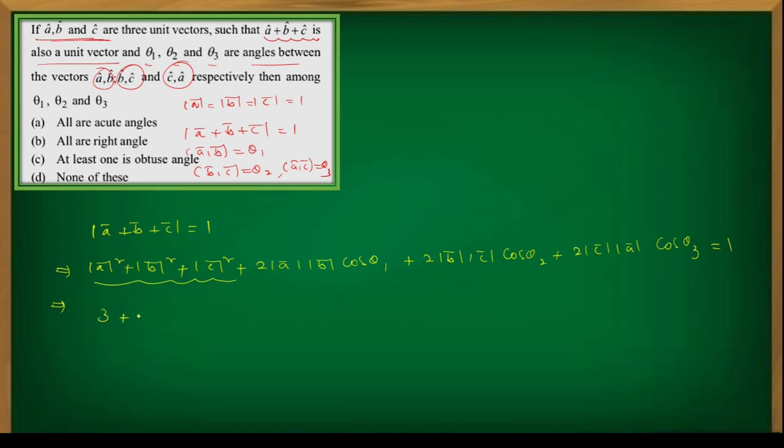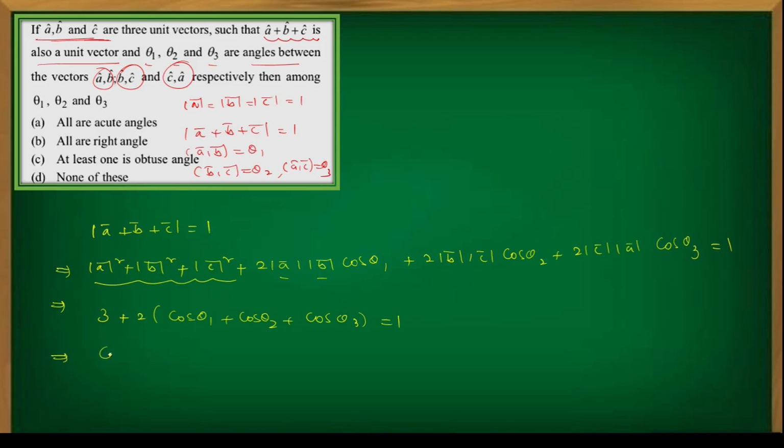If you square both sides, you get mod A bar square plus mod B bar square plus mod C bar square, plus 2 A bar dot B bar, that is 2 mod A bar mod B bar cos of the angle between them, plus 2 mod B bar mod C bar cos of the angle between them, plus 2 mod C bar mod A bar cos of the angle between them, equals 1. Substituting mod A, mod B, mod C as 1 and taking 2 common, you get 3 plus 2 times (cos theta 1 plus cos theta 2 plus cos theta 3), which equals 1.